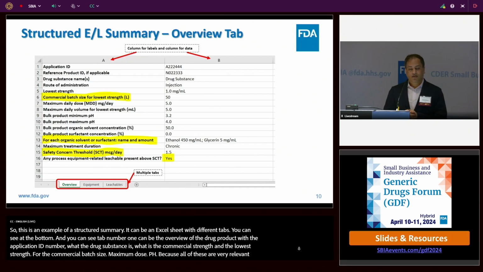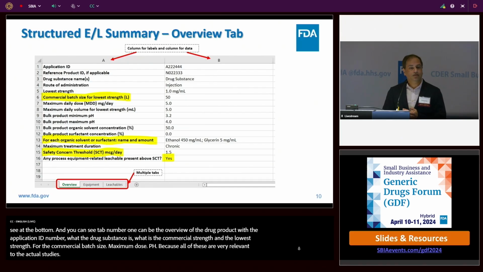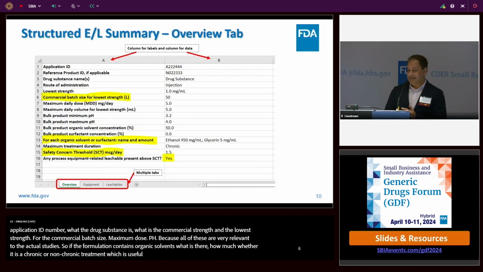So if the formulation contains organic solvents, what organic solvents are there, how much, whether it's a chronic treatment or non-chronic treatment, which is useful to determine the correct SCT.